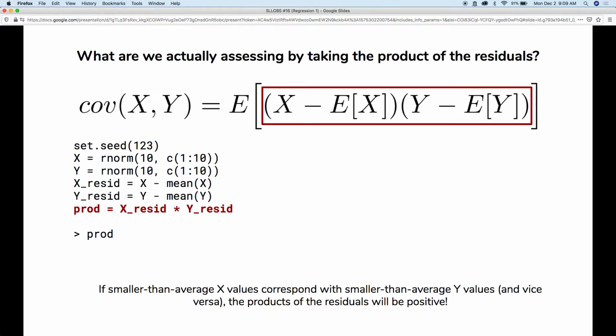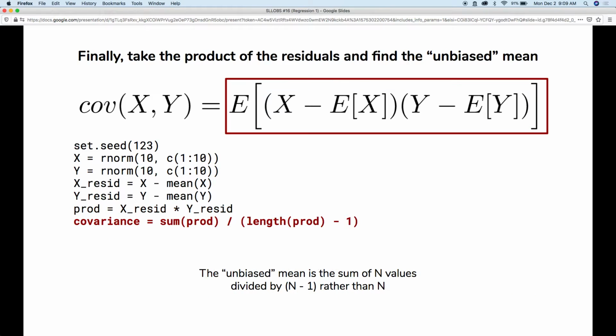Now the last step that we're going to do, which is this last big E, is we're going to take the unbiased mean of the products of the residuals. Now, normally when you take the mean of values, you take the sum of values and divide by the number of values. It's pretty straightforward. Now, the unbiased mean is this sort of related concept.